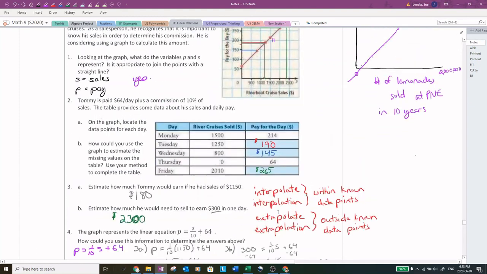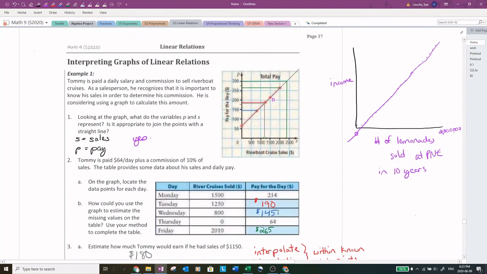Okay, if Tommy had sales of $2,400, that would be in here. Oh, we know that this number is actually 2360, so 2,400 would be just a hair above that.